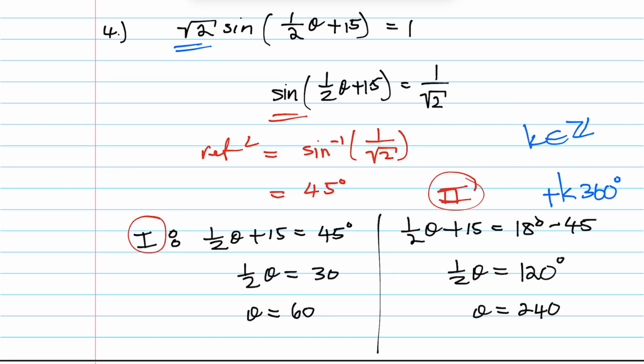However, at this point, where we chose to multiply by 2 to get rid of the half, you also have to multiply the k times 360 by 2. And so for your solutions here, you're going to add plus k times 720 degrees, not k times 360, but k times 720, which is double 360, because when we multiplied by 2 here, we also had to multiply the 360 by 2 as well.